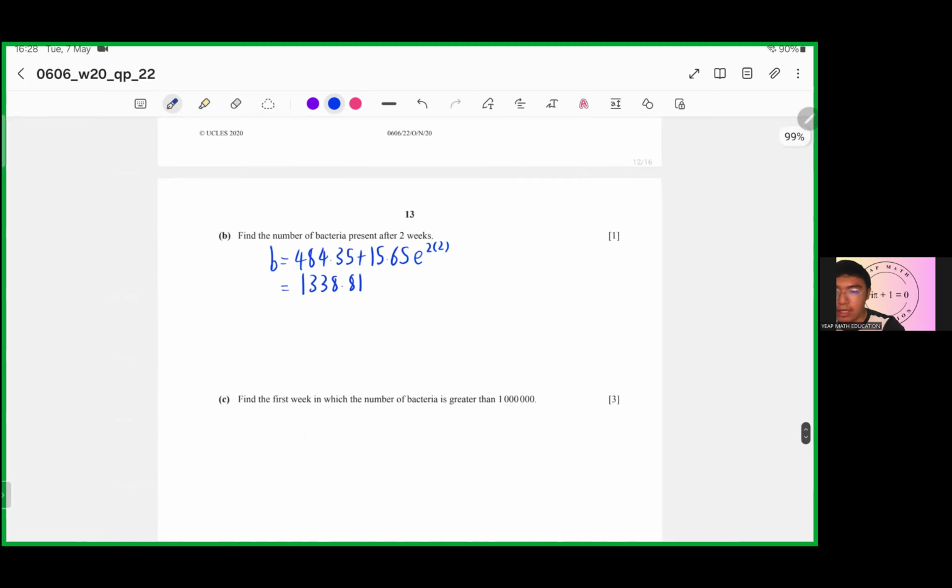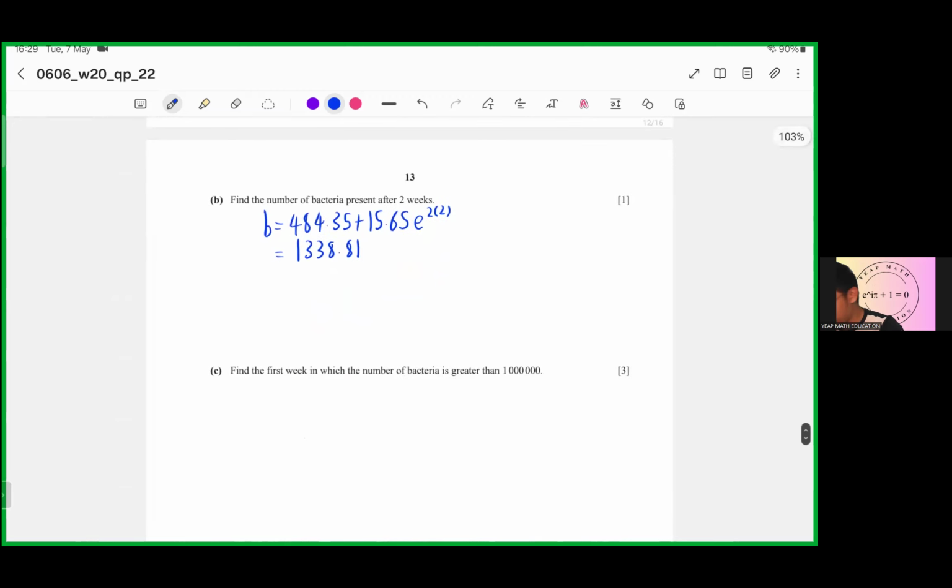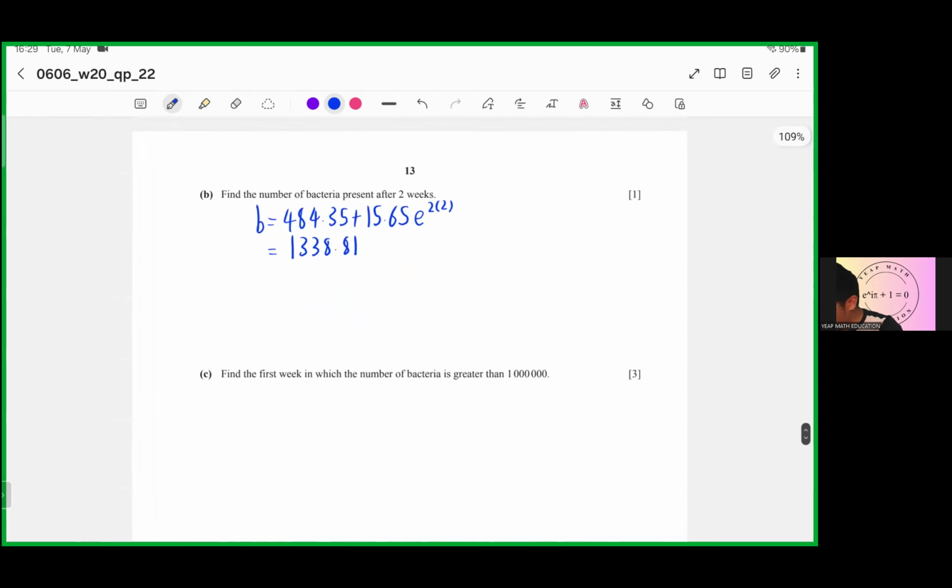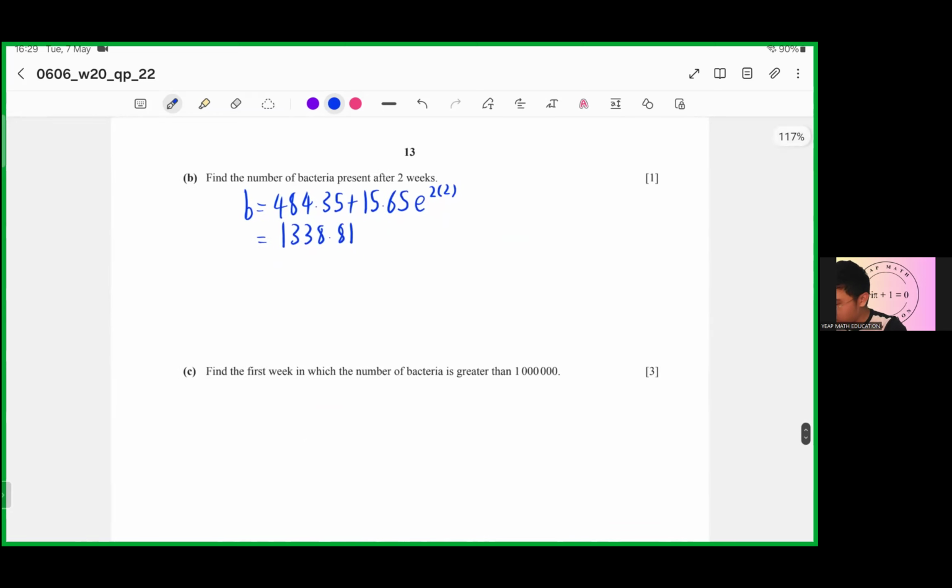Now we look at question C. Find the first week in which the number of bacteria is greater than 1 million. We have to use more than 1 million.